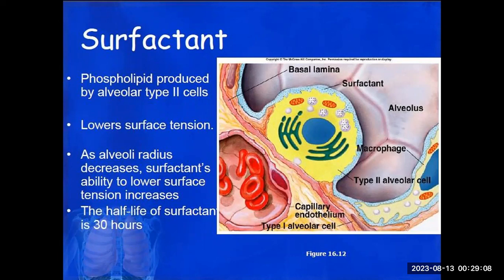Again, remember, as the alveoli radius decreases, then the surfactant lining lowers the surface tension, and the lungs can easily be inflated. The half-life of surfactant is 30 hours.